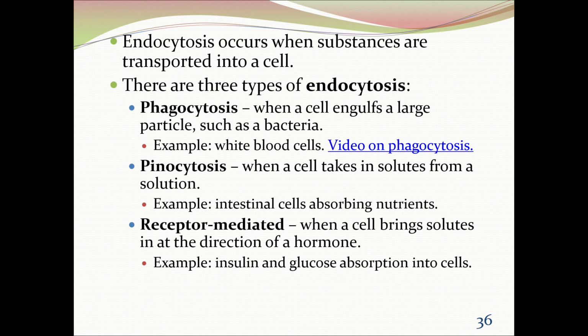Receptor-mediated endocytosis occurs when a cell brings solutes in at the direction of a hormone. So this would require the membrane receptors, as seen earlier, and then a chain of chemical events will occur, such as when insulin binds to a cell, glucose will be absorbed.